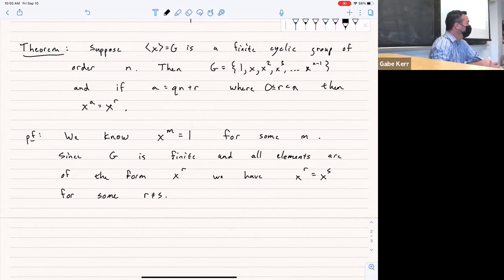But now we can just use one of the properties of the group. Groups have what? Besides being associative and having identity, they have inverses. So we can multiply, or we can think of cancellation if we want. We can multiply by the inverse.